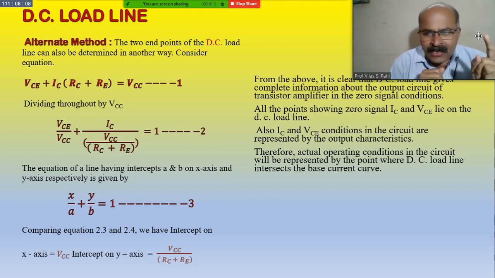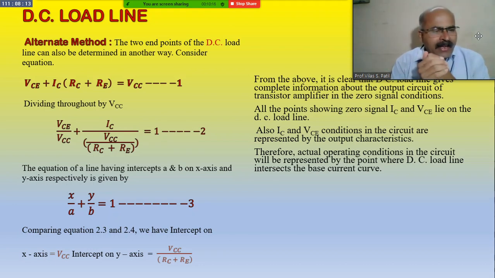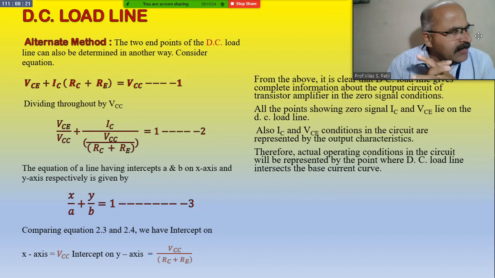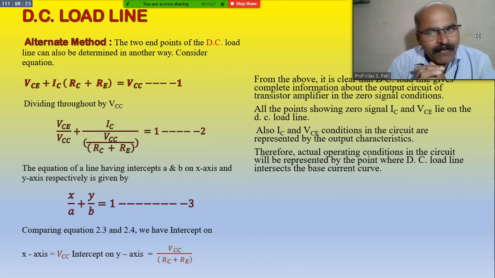Okay. In the last lecture, at the end of the lecture, we came to conclude the DC load line, which is plotted on the output characteristic graph, the graph of IC versus VCE, collector current versus voltage between collector and emitter.